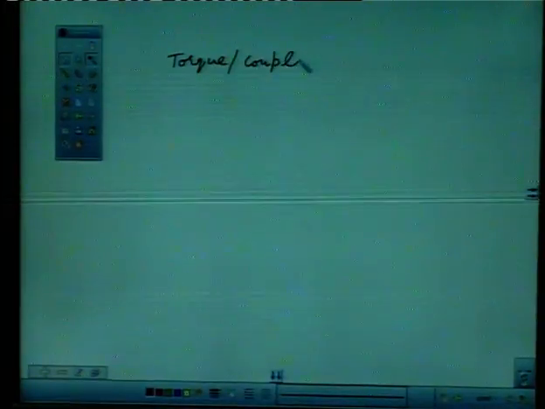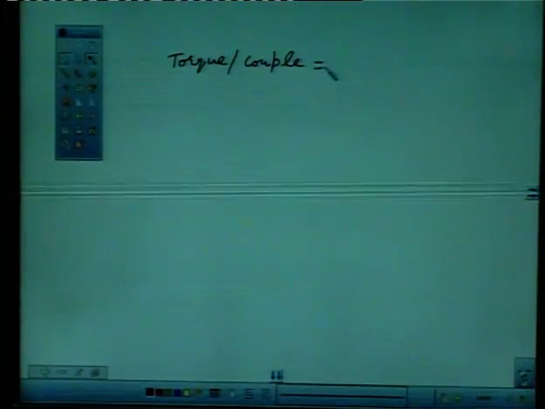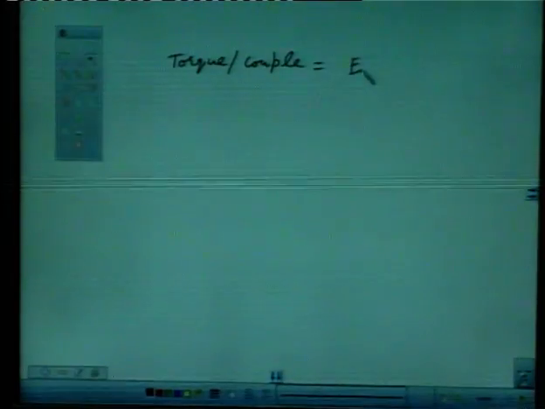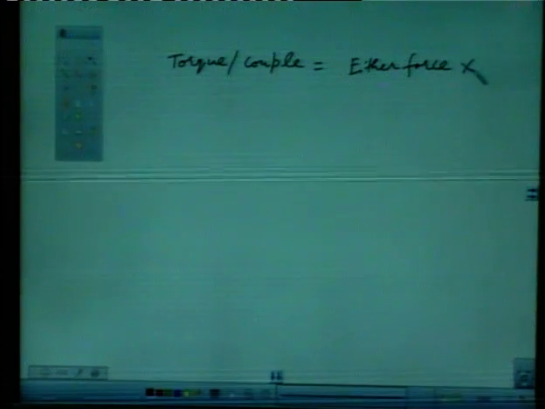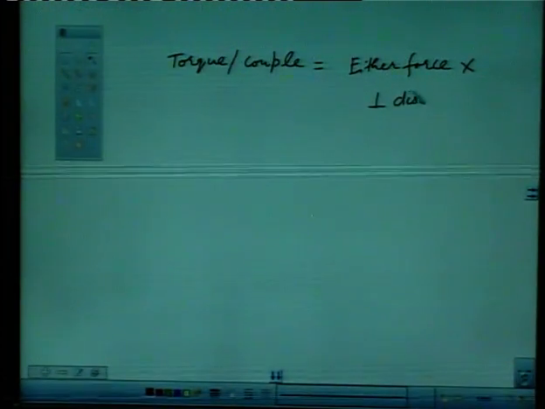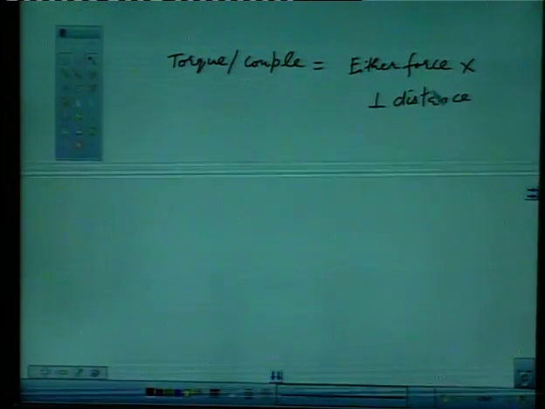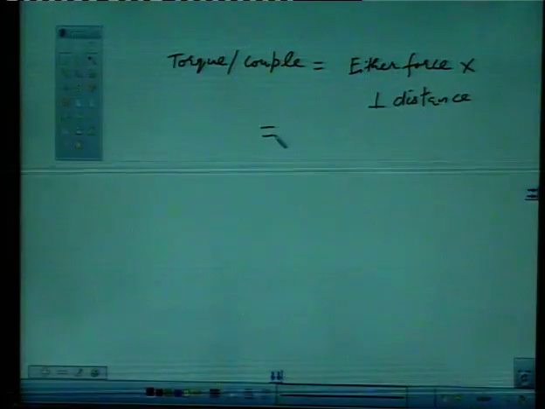Torque or couple will act on the coil, which will be equal to either force into the perpendicular distance between the two sides.